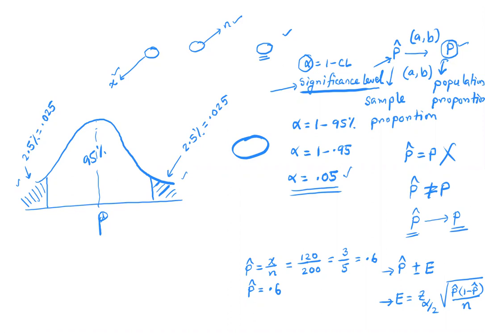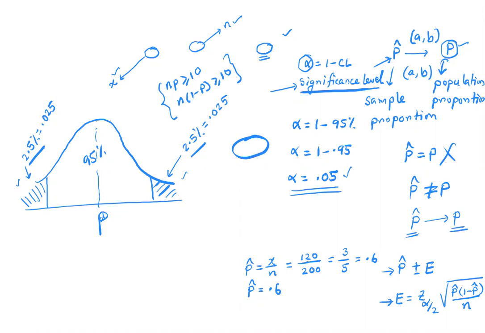That's why half of 5% goes to the right and half of 5% goes to the left. Had it not been bell-shaped, you couldn't say that. And why is it bell-shaped? Remember, your sample size, your np is greater than or equal to 10, and your n times 1 minus p is also greater than or equal to 10. Even though explicitly I did not show it, this assumption is there.